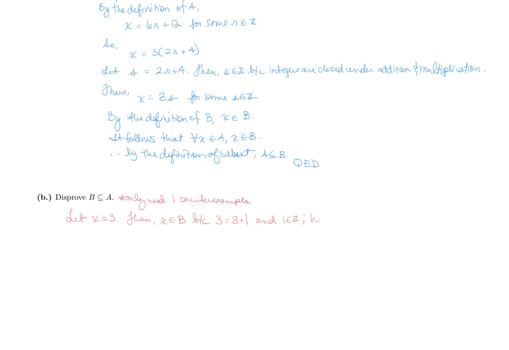However, 3 is not an element in set A, because if it were, 3 would equal 6r plus 12, which means negative 9 would equal 6r, and negative 3 halves would equal r, which implies then that r is not an element in the set of integers.